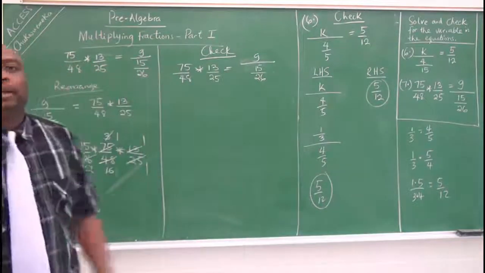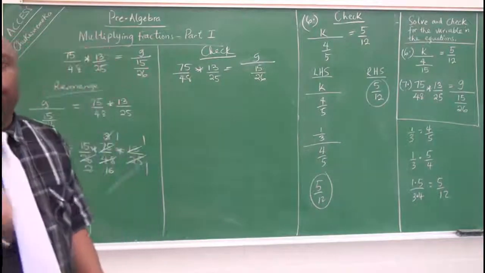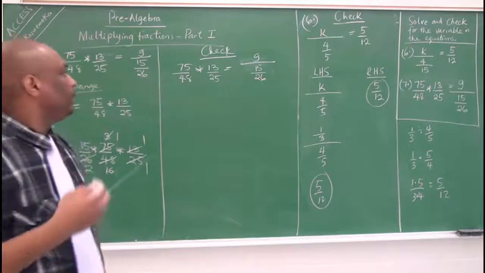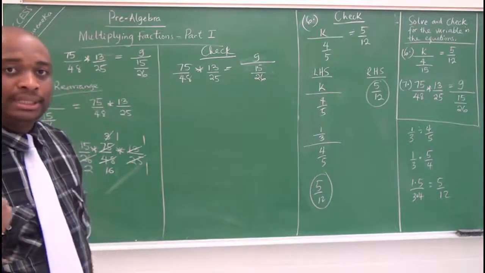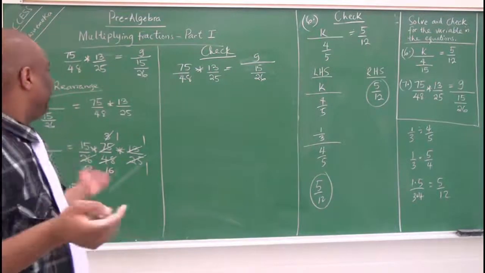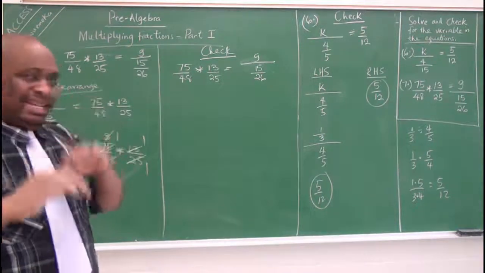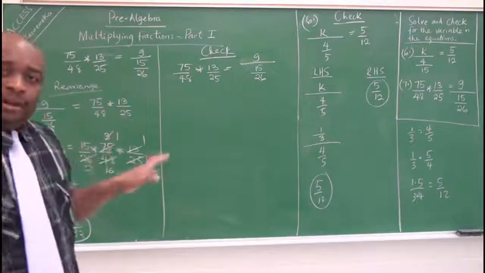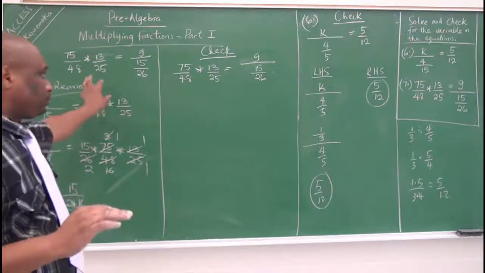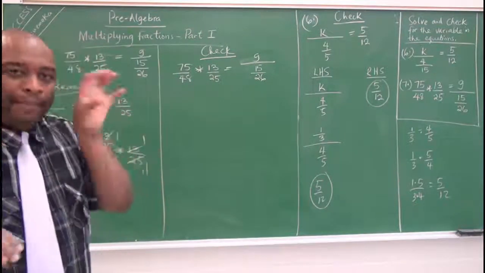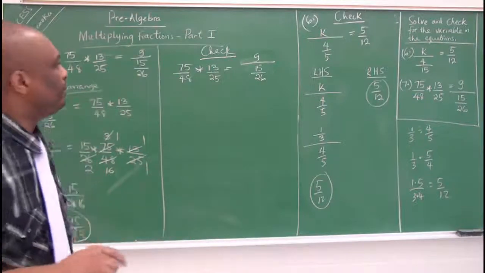Now, why do you have to check from the main equation? Because your modified equation might be wrong. Anytime you check, please don't check from your modified equation. Check it from the main equation.